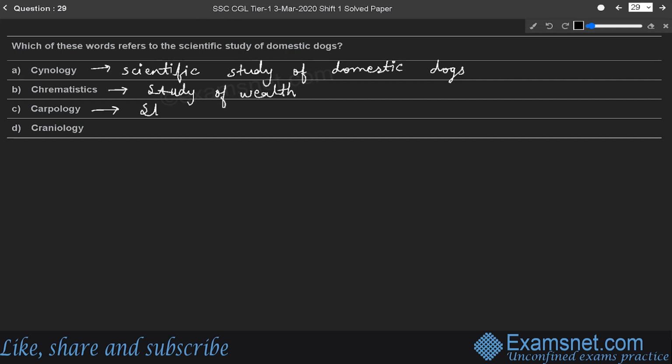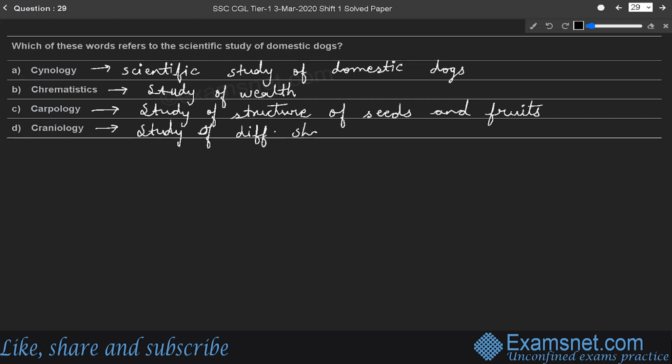It is the study of structure of seeds and fruits. And the last is craniology. Craniology is the study of different shapes or sizes of human skulls.